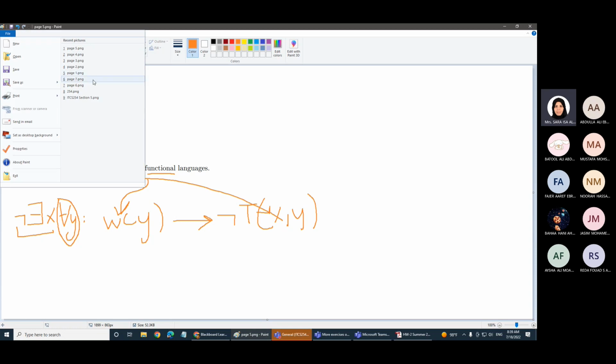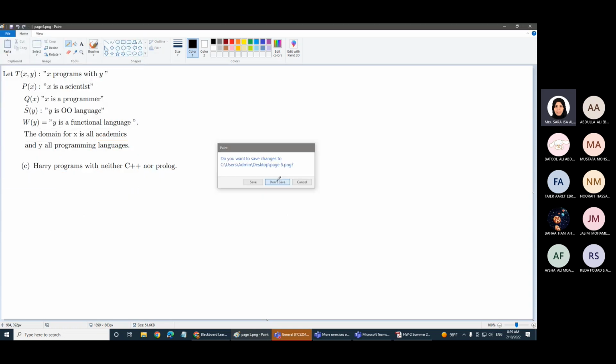Let's go to the last question in this problem. There is no quantifier at all. They give me a constant value. Harry is one of the academic people. C++ and Prolog are languages.